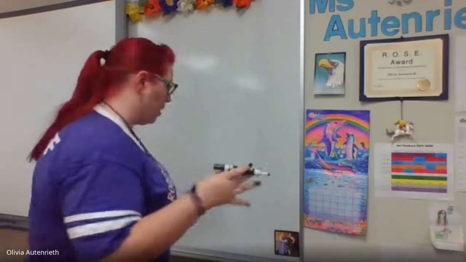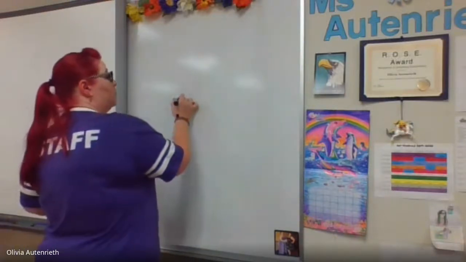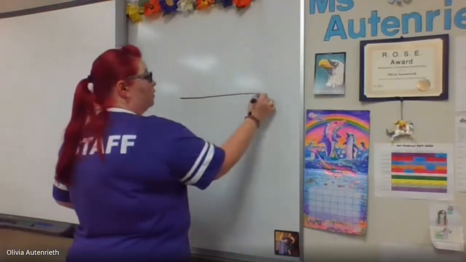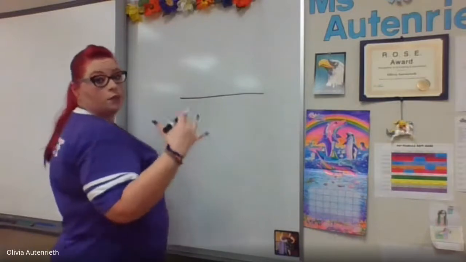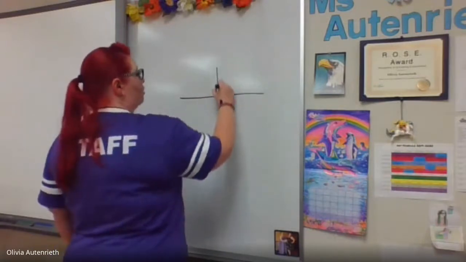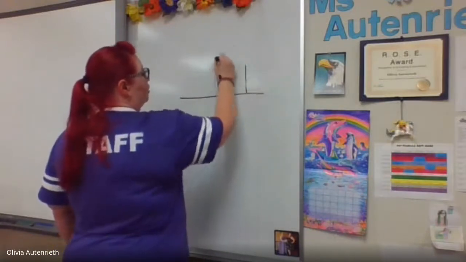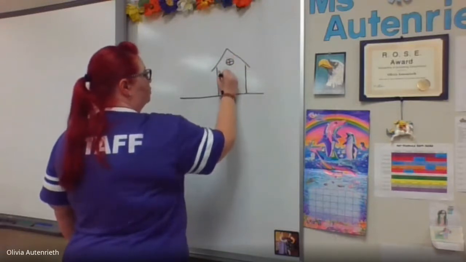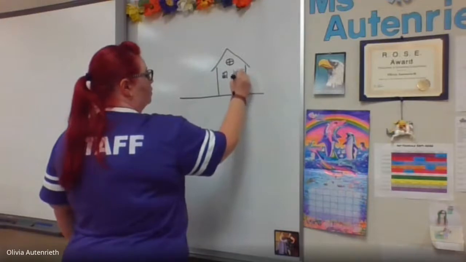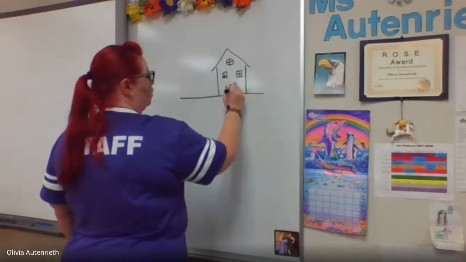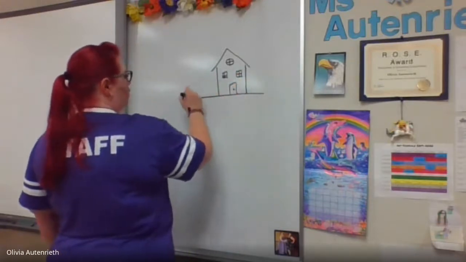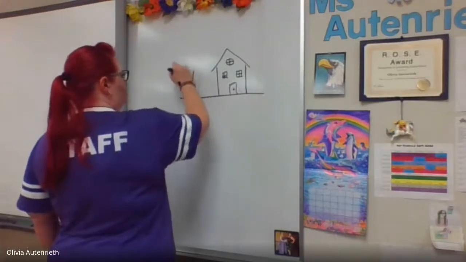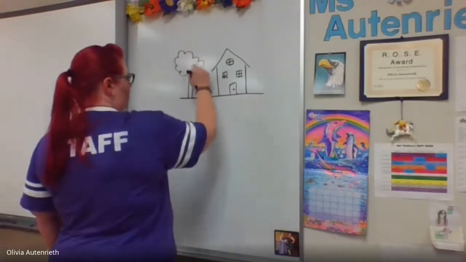So let me give you an example of that. Drawing on the same field, as it's called in art, or the same space, is where you draw a picture like this, a little house picture. You got your little windows, your door, and then over here you draw a tree.